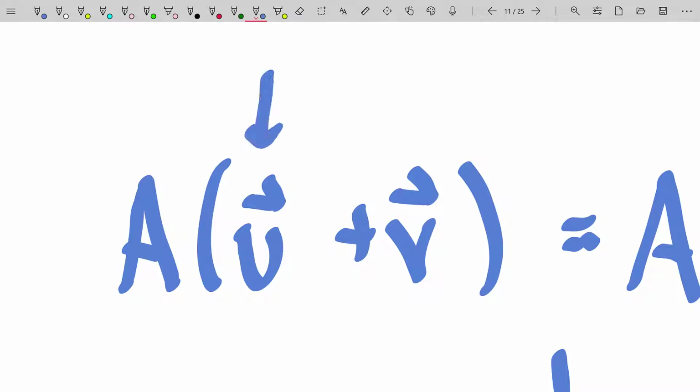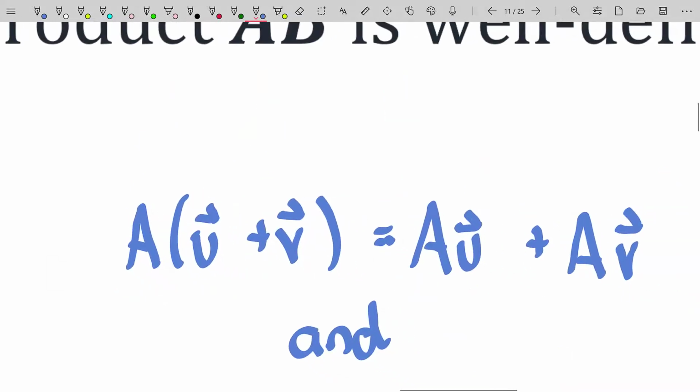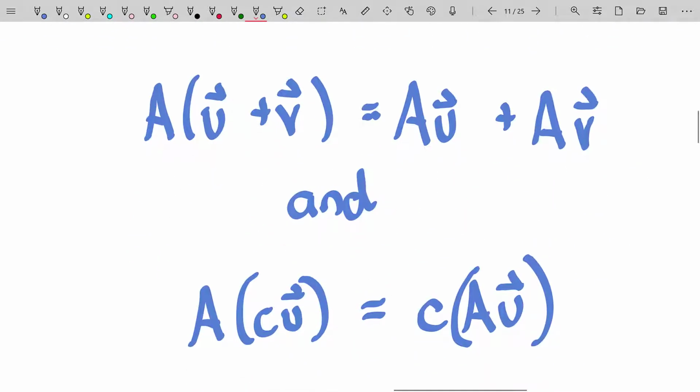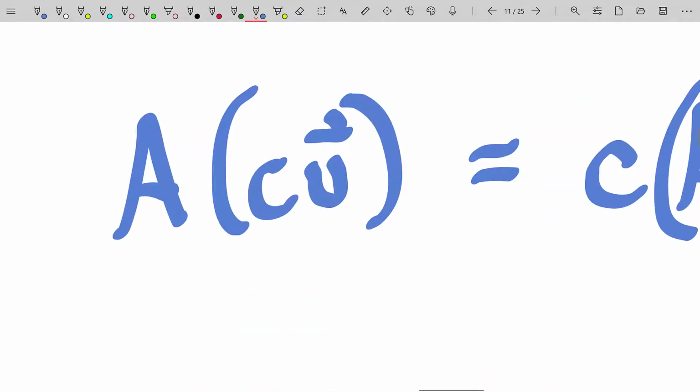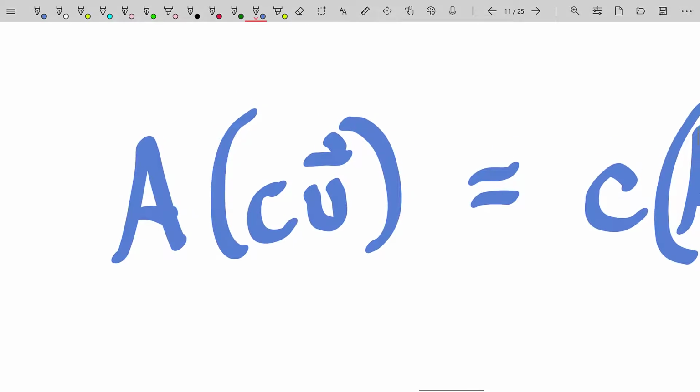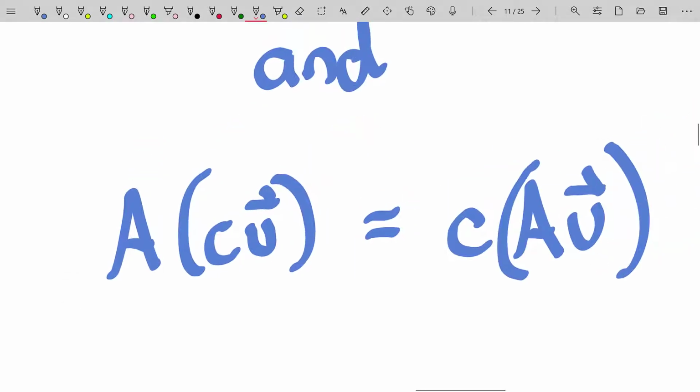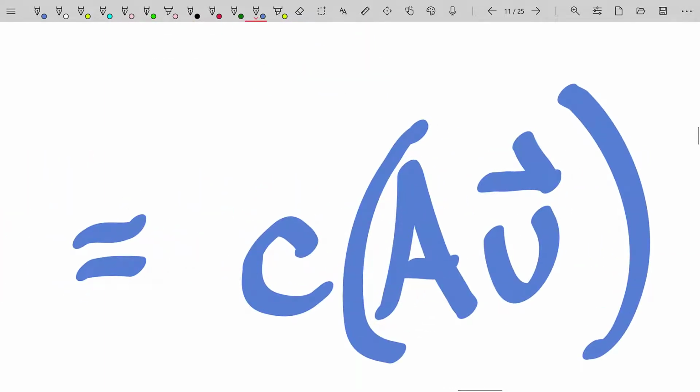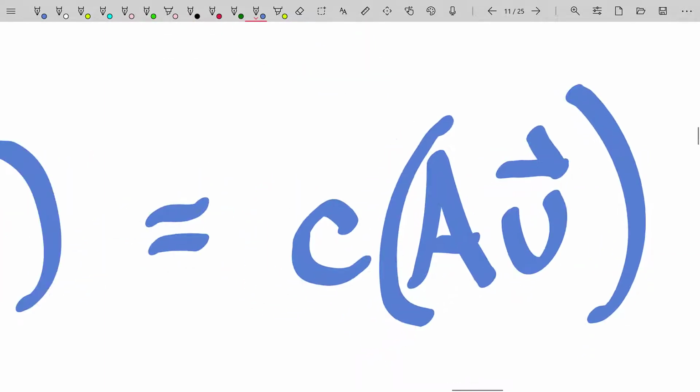That is, the number of entries in these vectors is the same as the number of columns in the matrix A. As long as that is true, we can go ahead and say this property is true. Also, if you have a matrix A times a constant multiple or a scalar multiple of a vector, and again, if the product is well defined, then that's the same as the constant or the scalar times the product of the matrix and the vector itself.